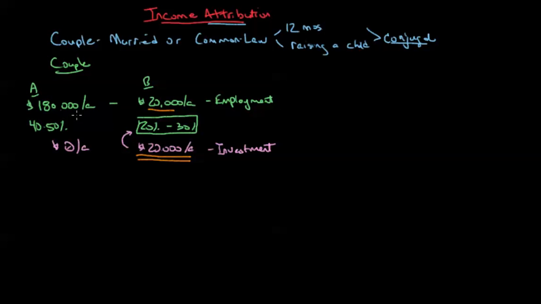So the assumption here, and probably correctly, would be that in fact A has given B the funds to allow B to go and make these investments. And as such, this income that we see in spouse B's hands should be attributed back to A and therefore taxed at that 40 to 50% tax rate. So this would be where we would have income attribution.